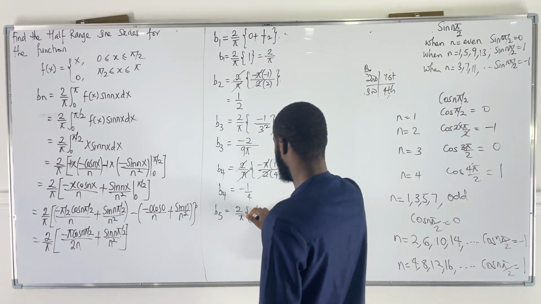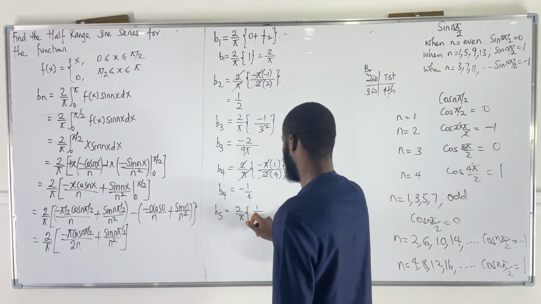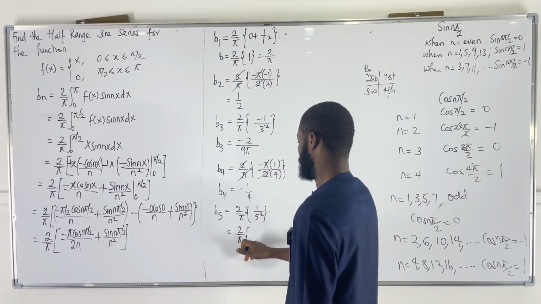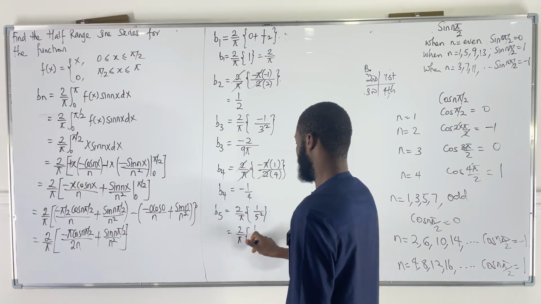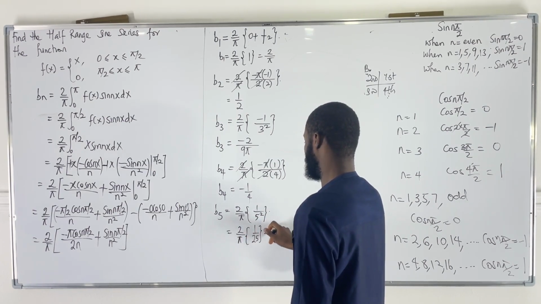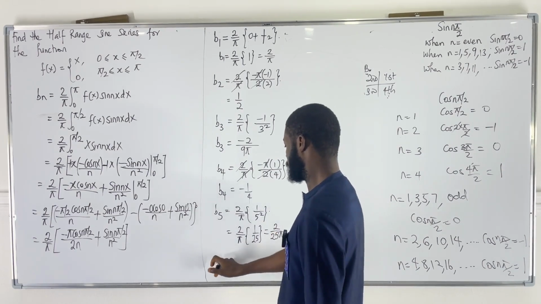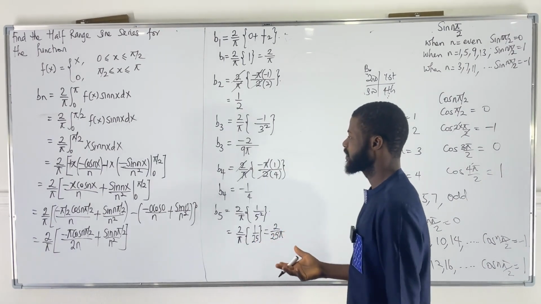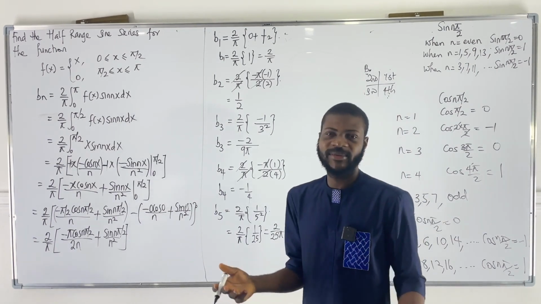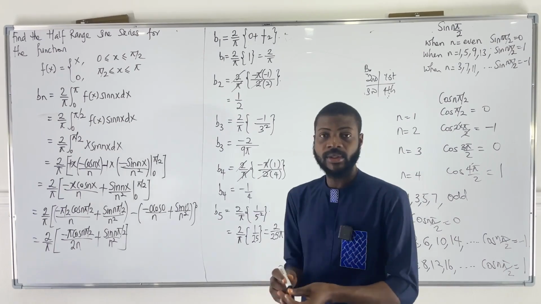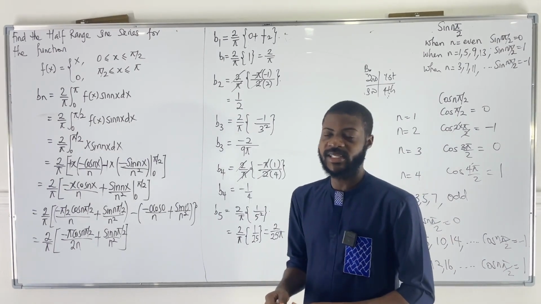This will be 1 over 5 squared. So this will become 2 over pi, and then we have 1 over 25. So this will become 2 over 25 pi. All right, I think with this, we should have enough. We don't need to do every single thing.